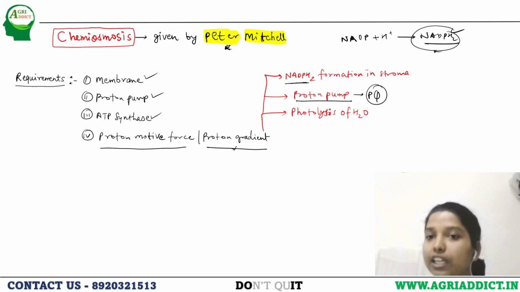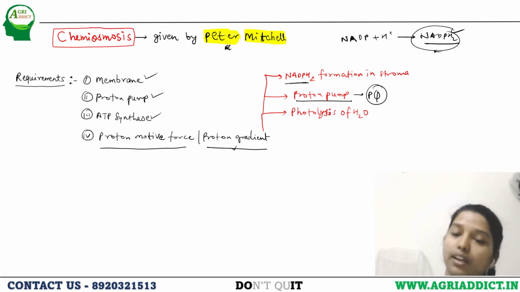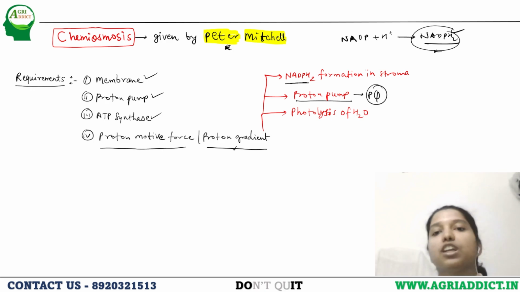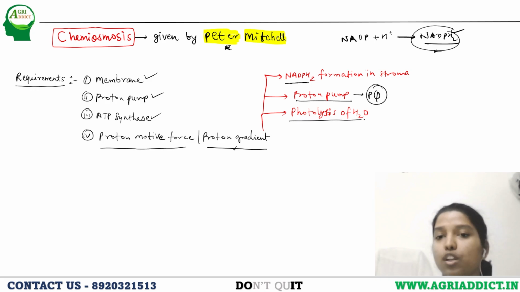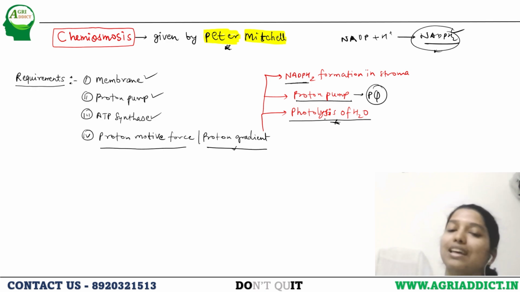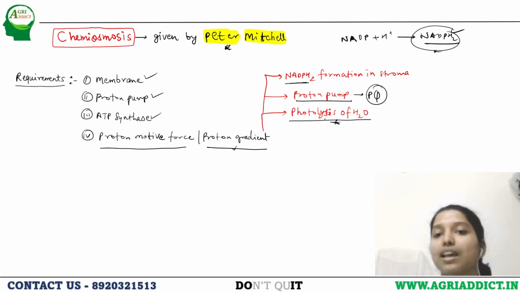While transferring electrons, it is taking H plus ions from the stroma and transferring them to the lumen. And then the third reason for this proton gradient is photolysis of H2O. This oxygen evolving complex is there in the case of non-cyclic, inside the inner membrane of the thylakoid. So here the H2O is getting split, and in that case two H plus ions are released.